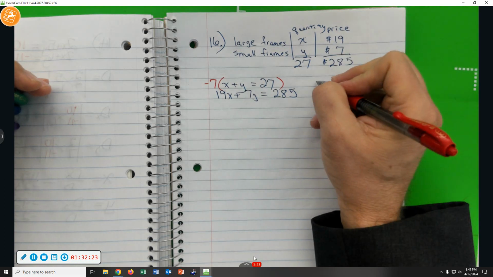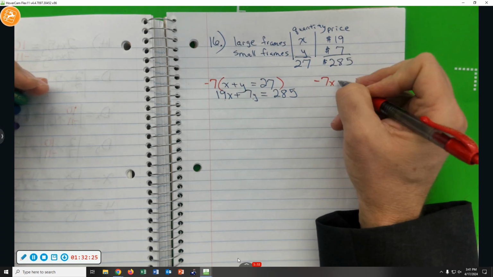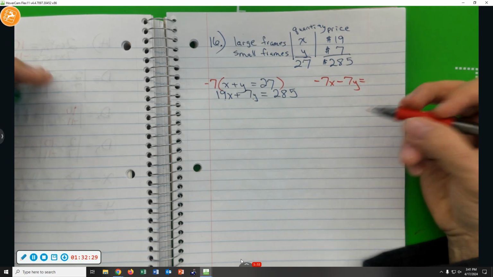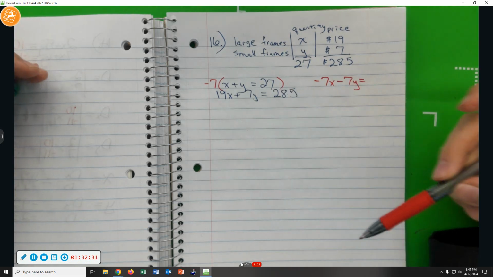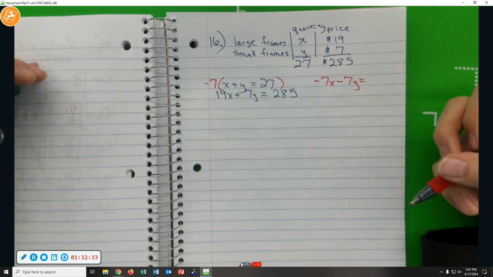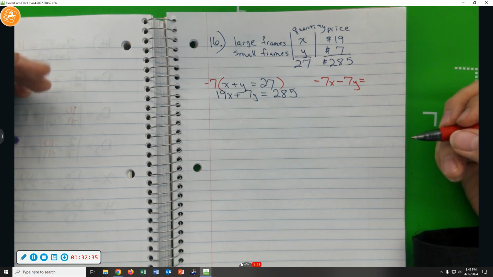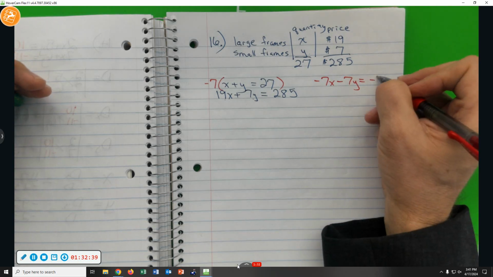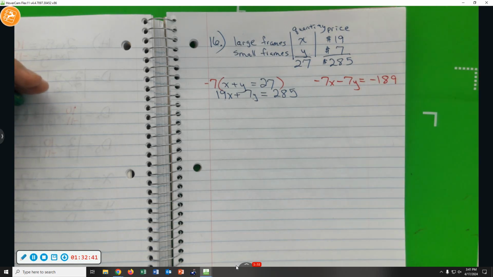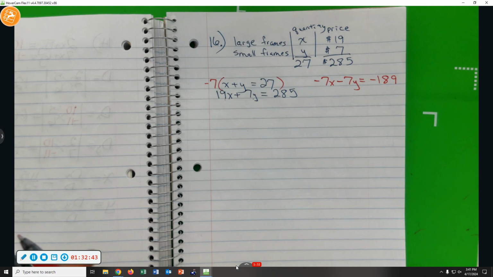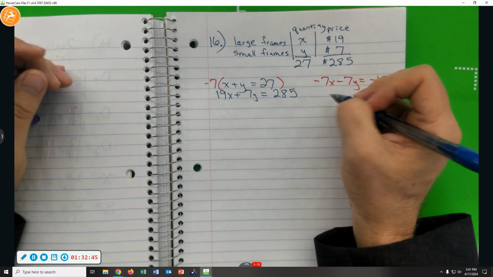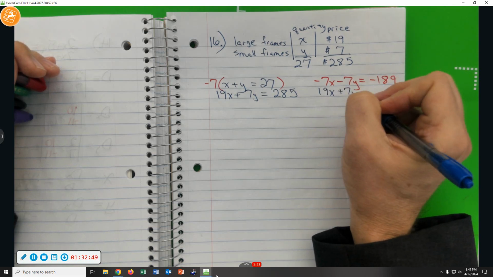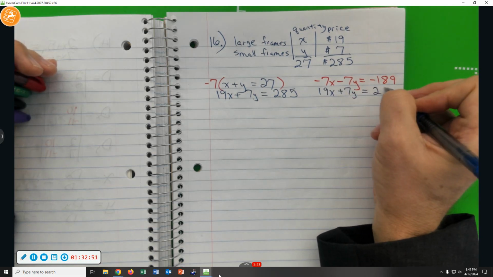So we'll have a negative 7x minus 7y equals, what's 27 times negative 7? Negative 189. And then we still have that 19x plus 7y equals 285.